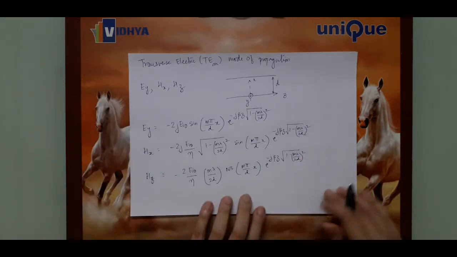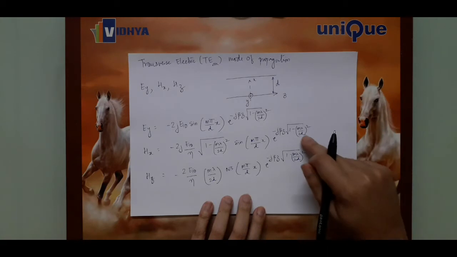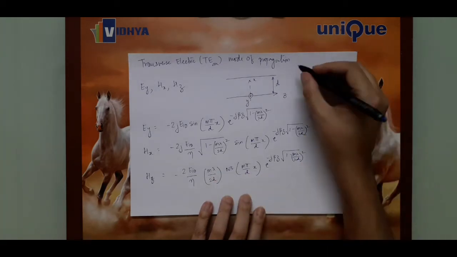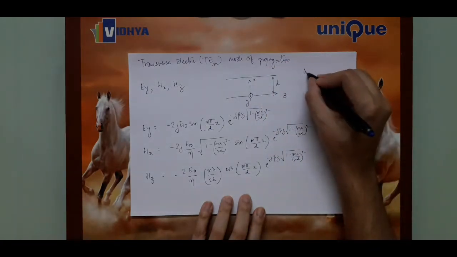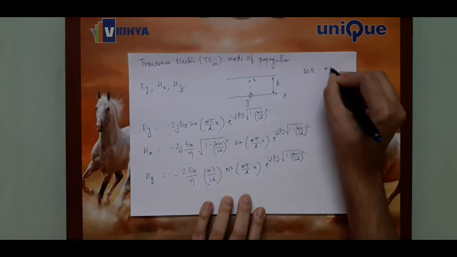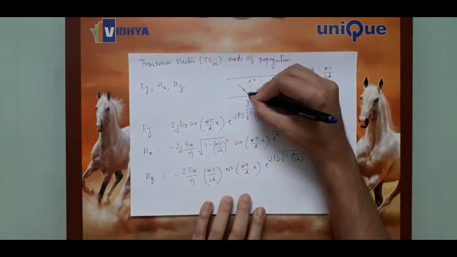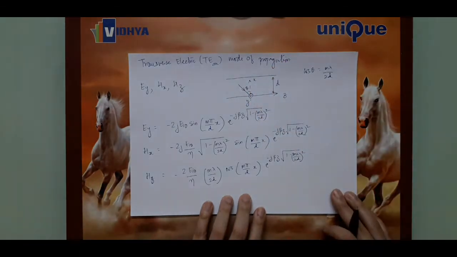So what we had seen in our analysis in the previous class, this quantity m lambda by 2d is equal to cos theta, where theta is the angle of incidence on any of the plates.